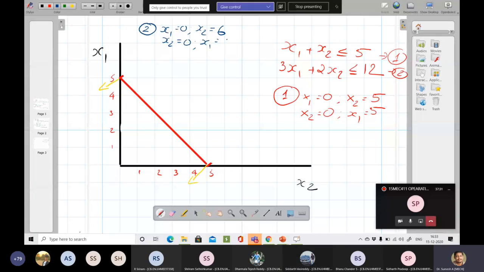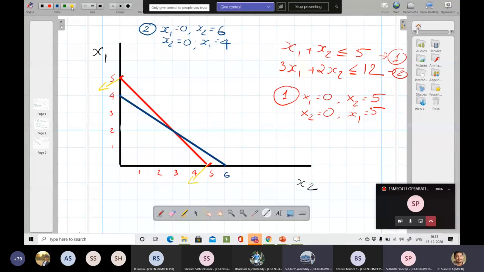Now the x2 I have marked. Next, x2 is 0 and x1 I'll get as 4. So this is the point. Now again join a straight line. What will be the search direction?